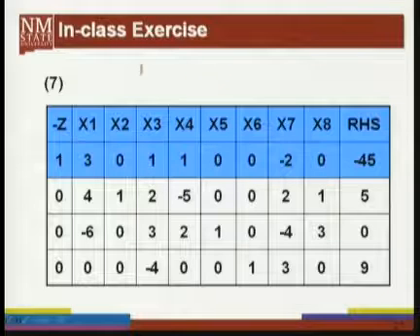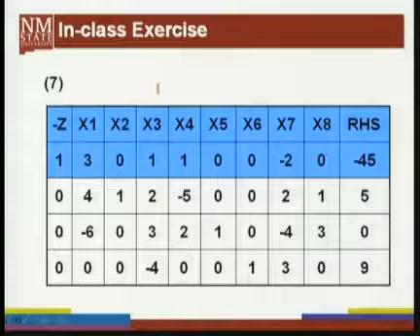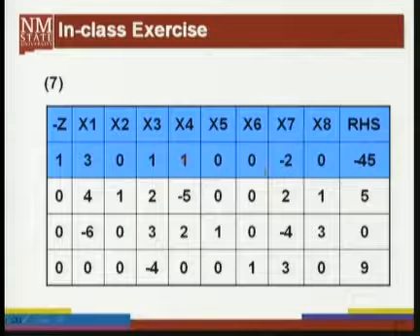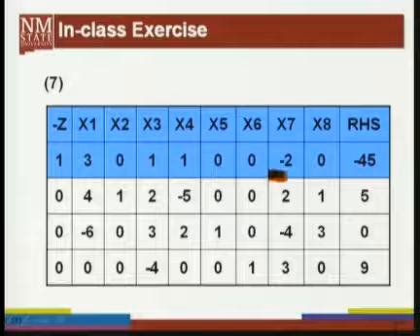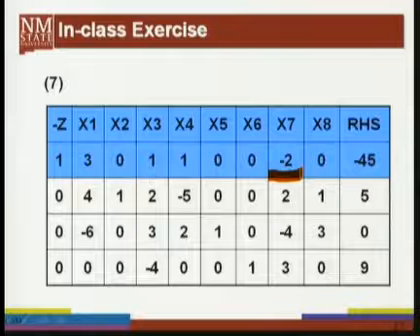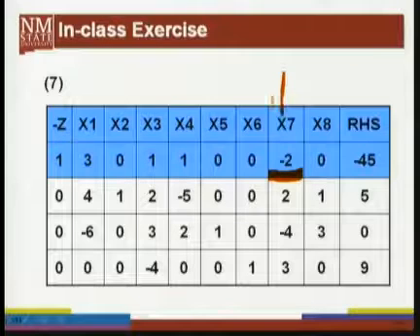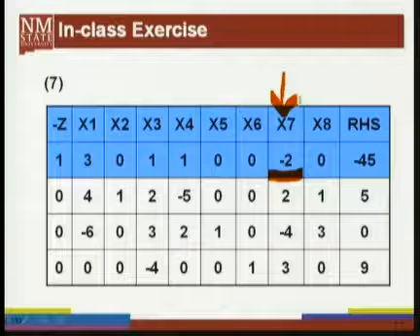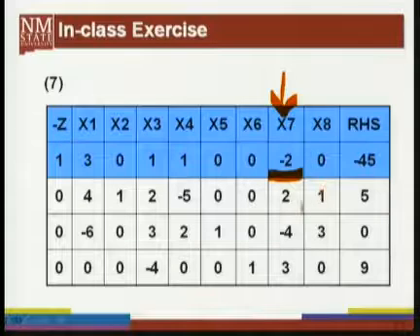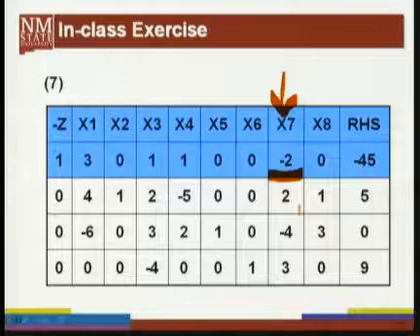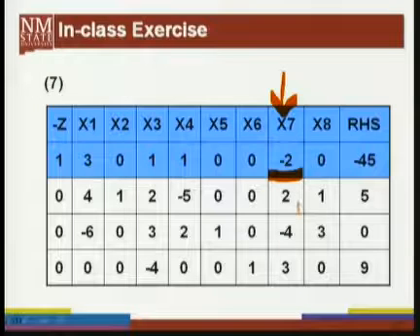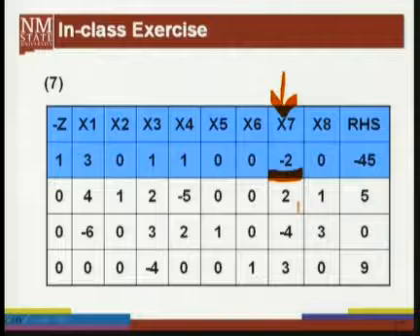Okay, what about case number 7? Is this optimal Tableau? No. X7 variable has negative reduced cost, right? So X7 must enter the basis, right? And then we need to do the minimum ratio test to select the leaving variable.